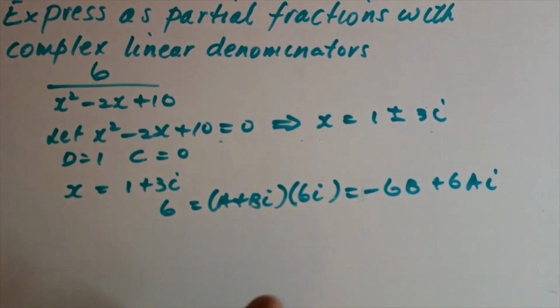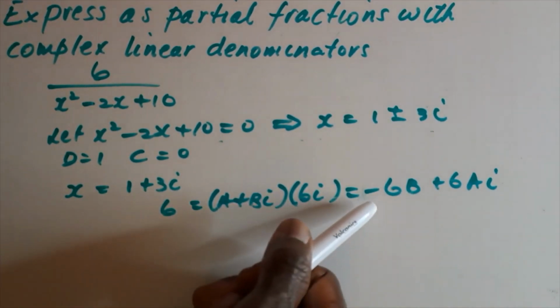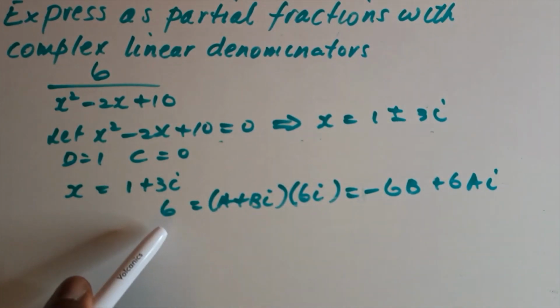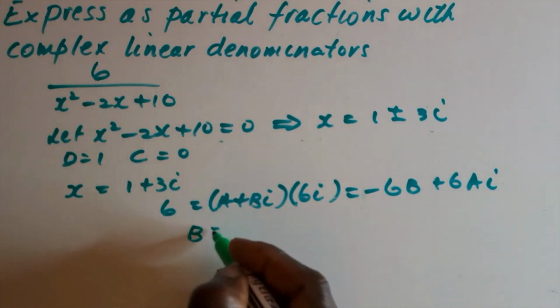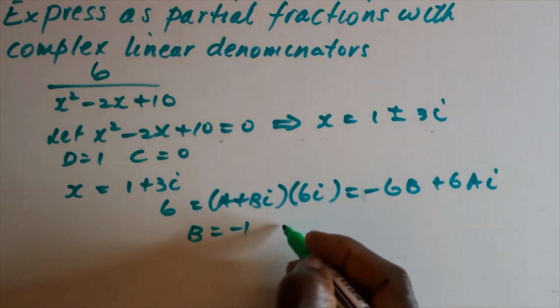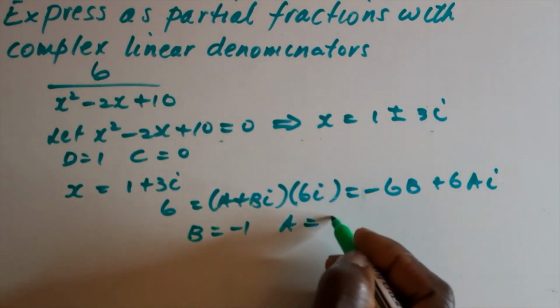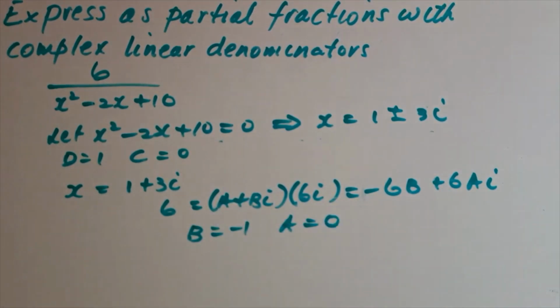We have no imaginary part, so a is 0 and b is -1 because minus 6b is equal to 6, so b must be -1. So b is -1 and a is equal to 0.